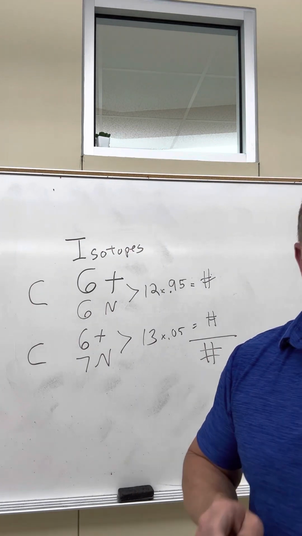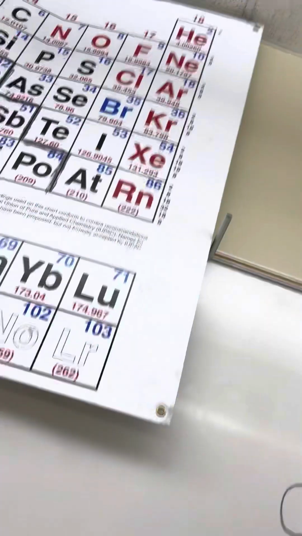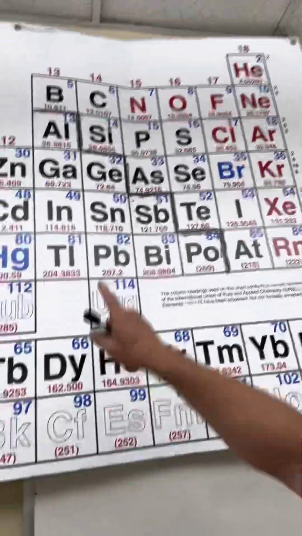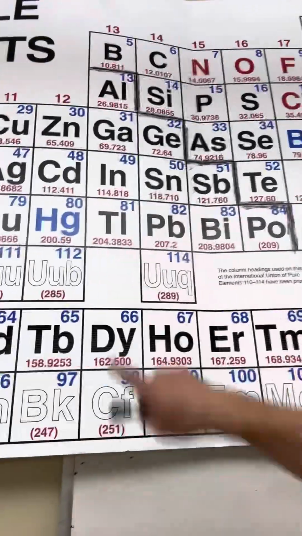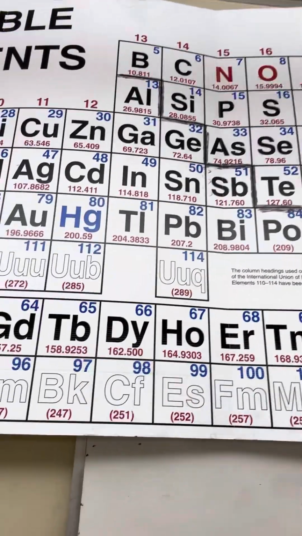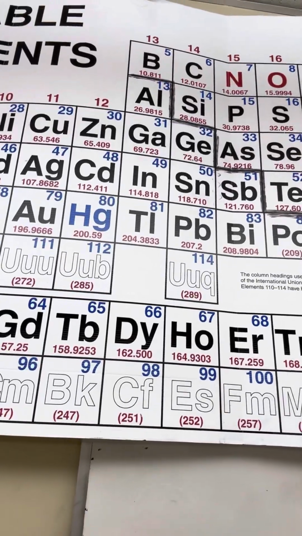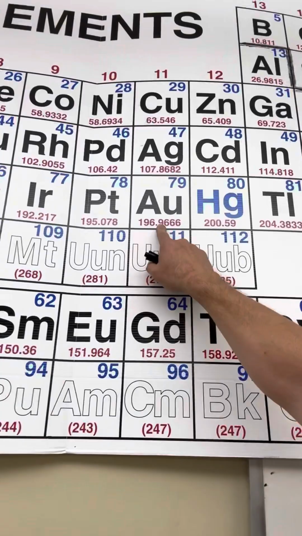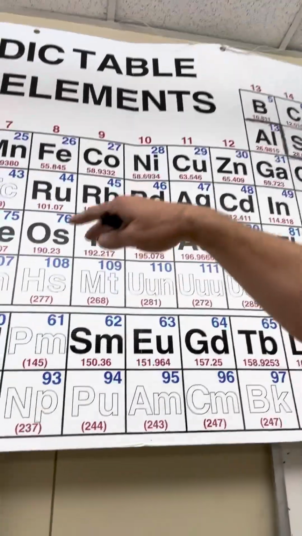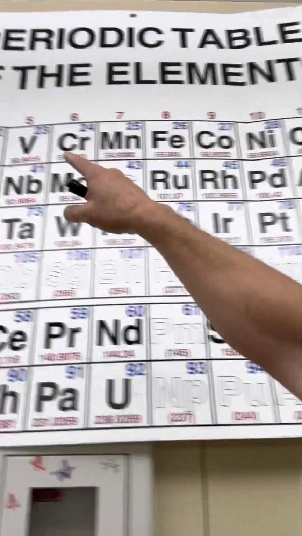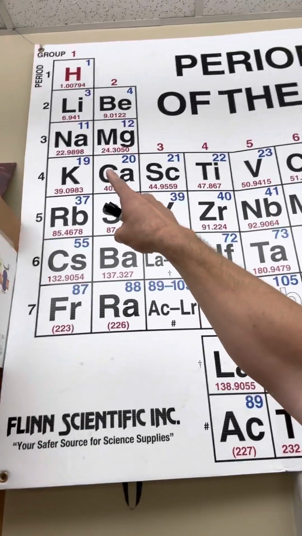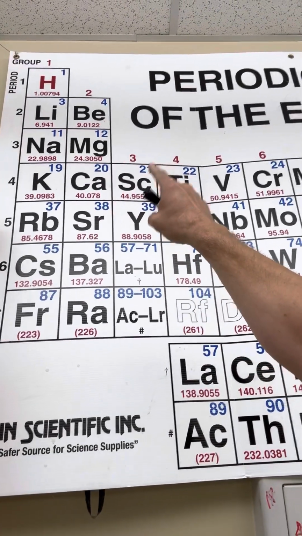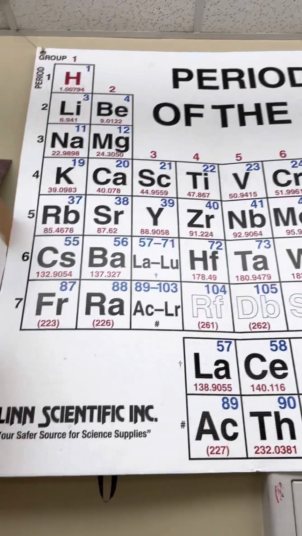So what that does is it explains to you, when you look at this, why these numbers up here have differing numbers that aren't just whole numbers. And so if I told you, for instance, that let's say gold, now let's do an easier one. Let's go ahead and go beryllium. If you look, beryllium has an average atomic mass of 9.